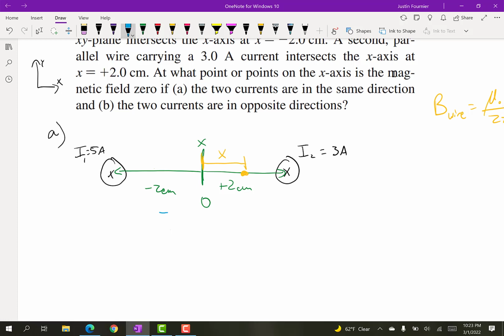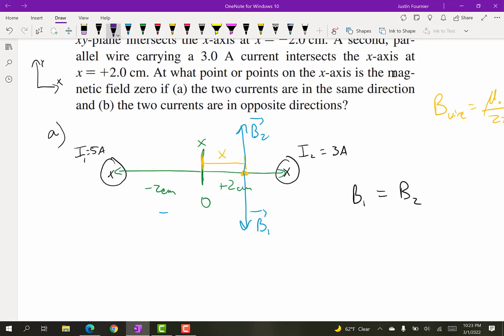So the magnetic field due to 2 is going to point like this. And then the magnetic field due to 1 is going to point like this. And now I know these magnetic fields have to be equal in order for them to be balanced. So I'm going to say the magnetic field due to 1 is equal to the magnetic field due to 2.